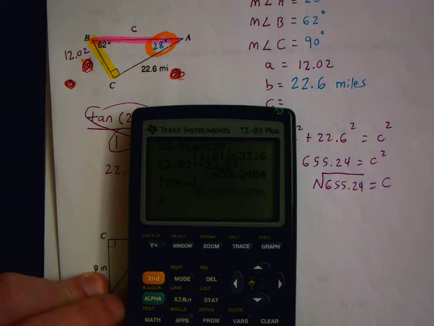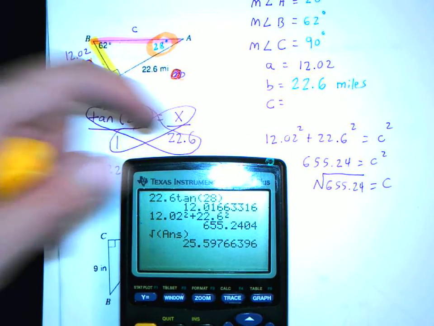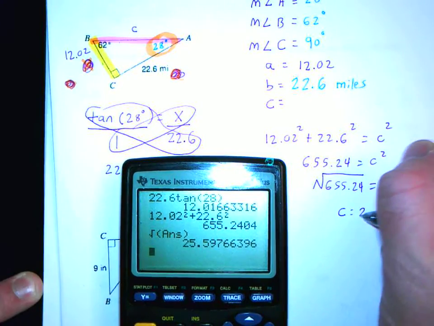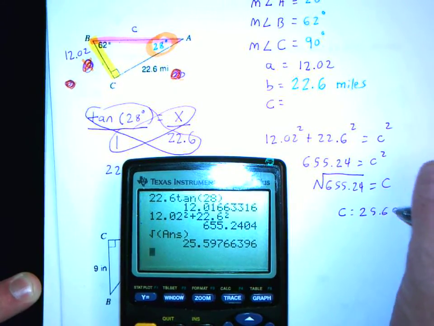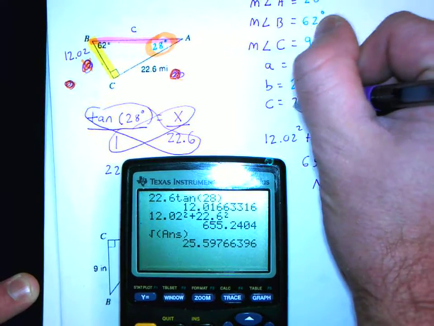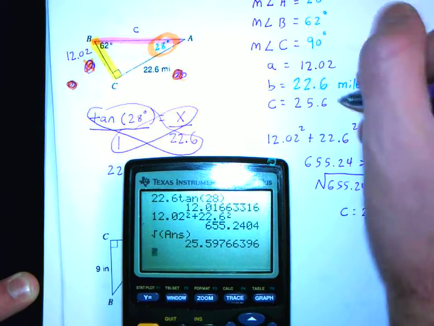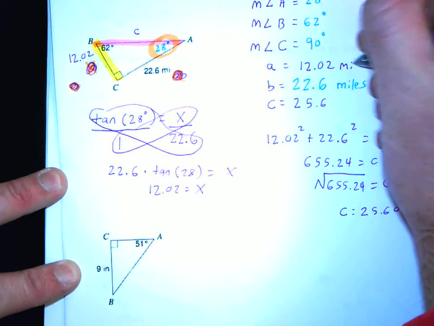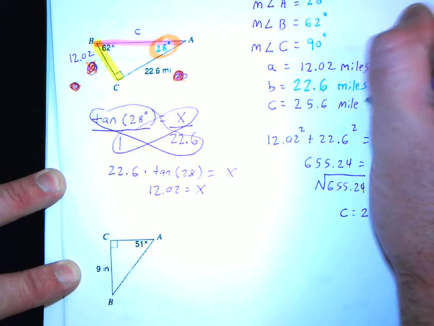Take the square root, and I got 25.60. So I got c as 25.6. Not a good idea to put units on it. This is miles, this is miles.